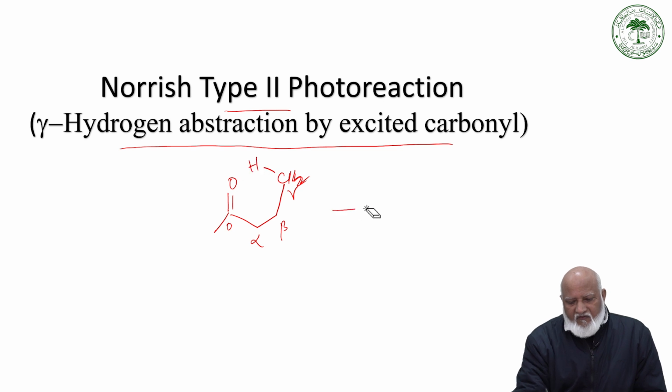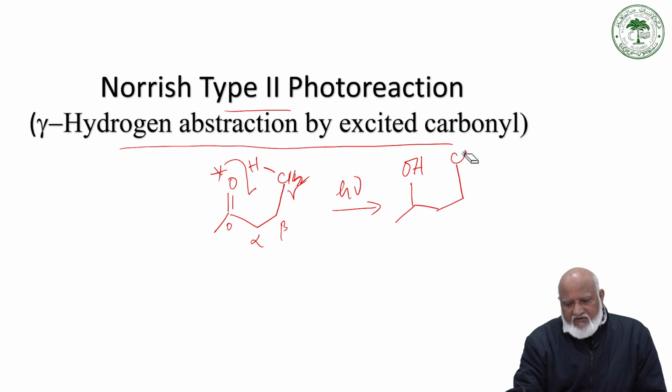then in the presence of light, the carbonyl goes to an excited state, and this excited state can abstract the gamma hydrogen to generate a 1,4 radical. So this is the abstraction: alpha, beta, gamma, CH2 radical, and then 1, 2, 3, 4.